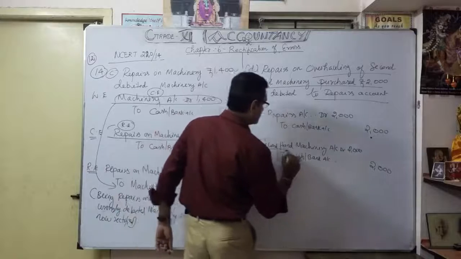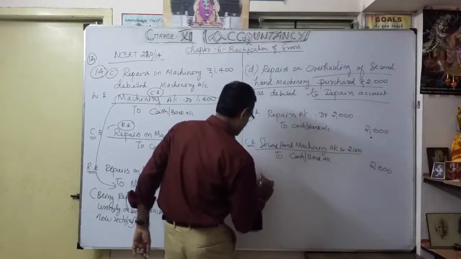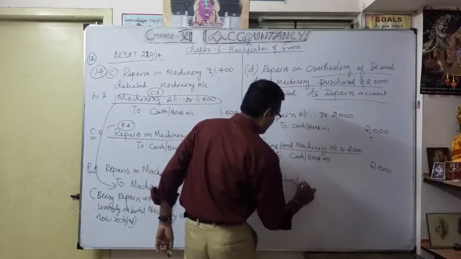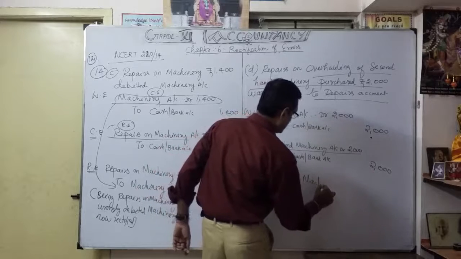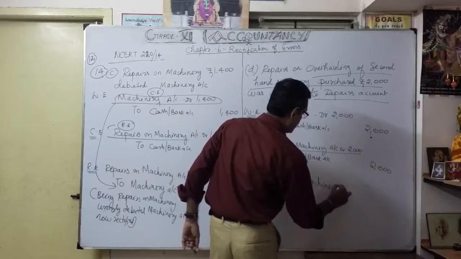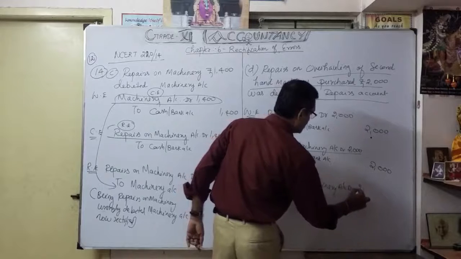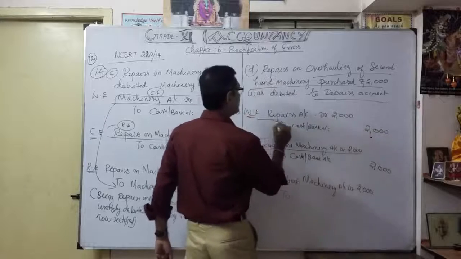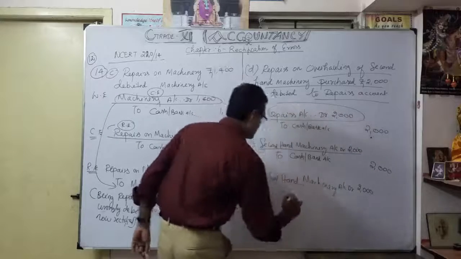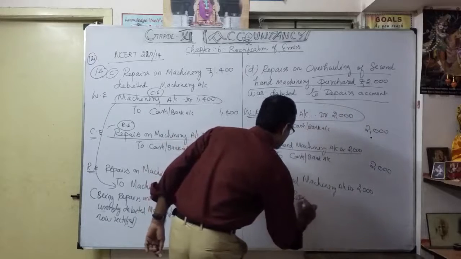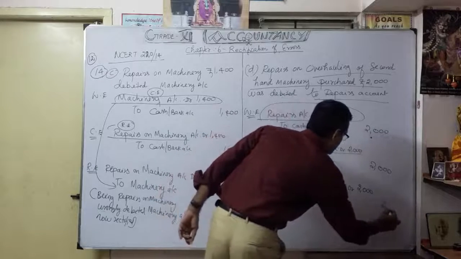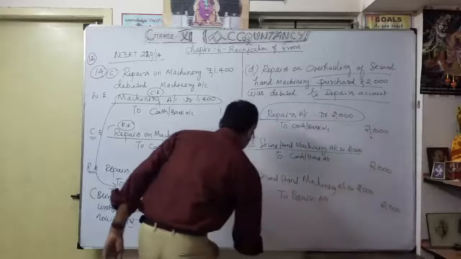So now what is the rectification entry? As you know, this should be debited. Okay. So second hand machinery account debit 2000 to. Earlier I did a wrong debit, so I am going to credit the repairs account 2000. So narration what?